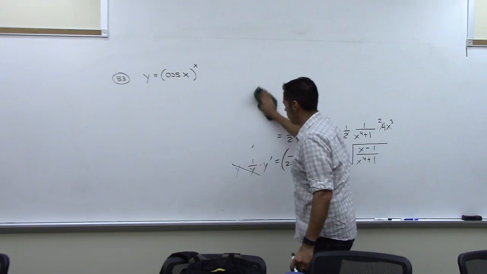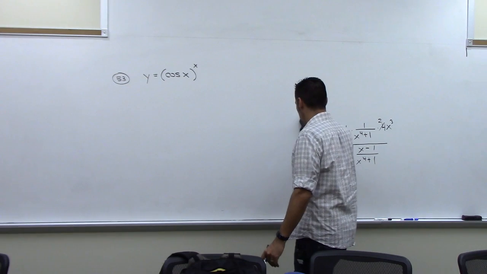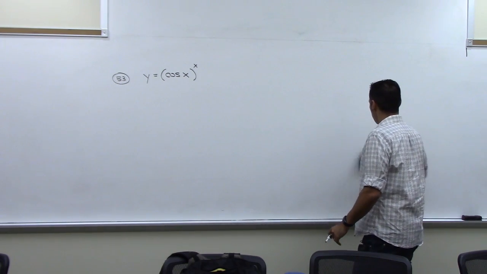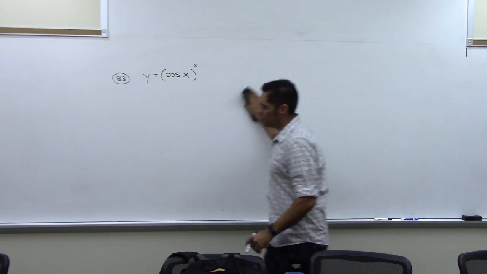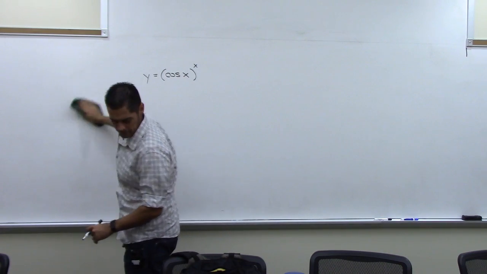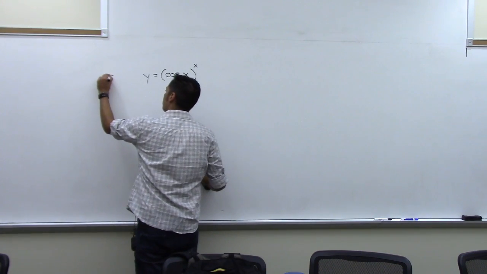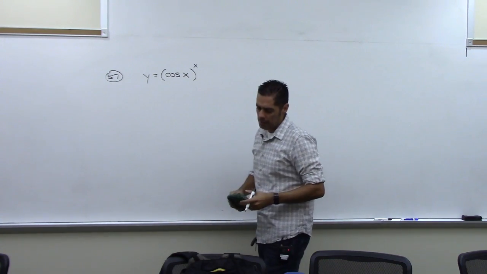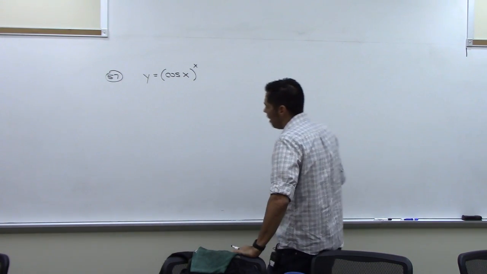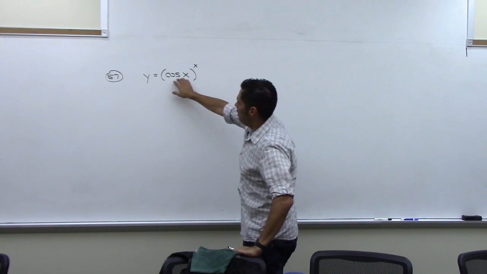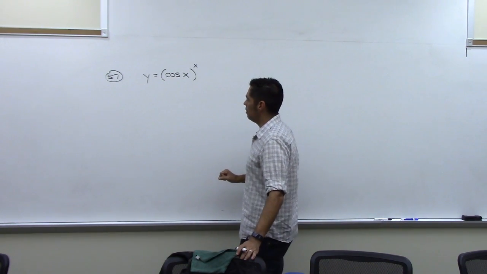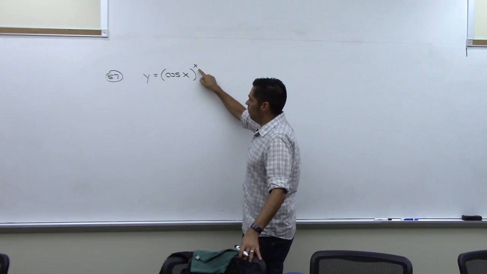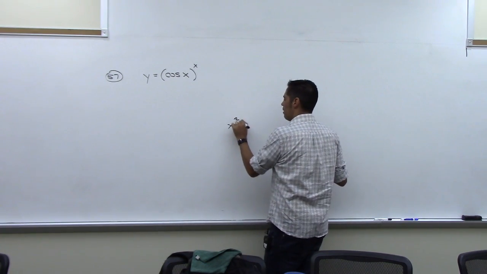Now this, I'm sure I mentioned in class, is one of the very unique types of functions that we can get because both your base and your exponent, both of them, have a variable x in them. So it's not an exponential function because this is not a number, and it's not a power function because that's not a number.